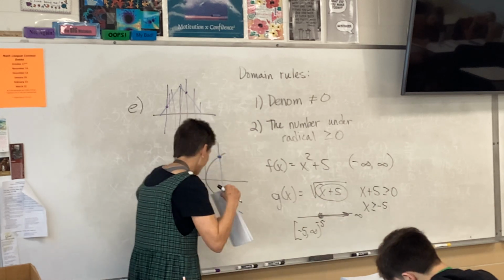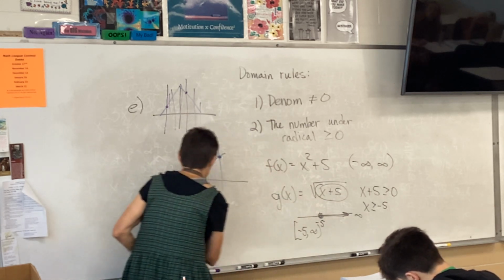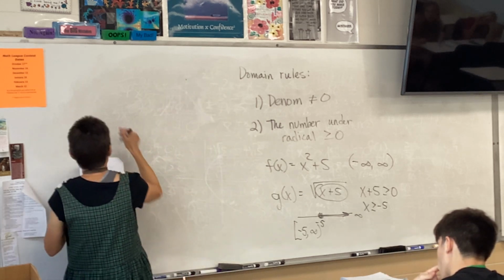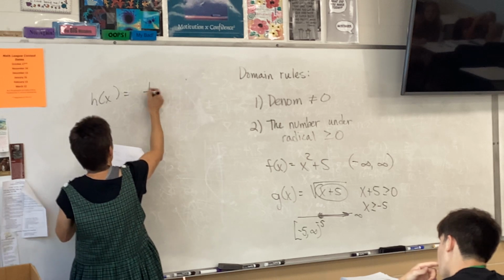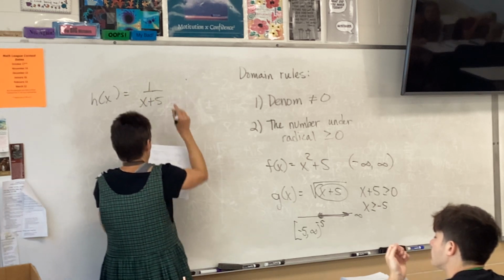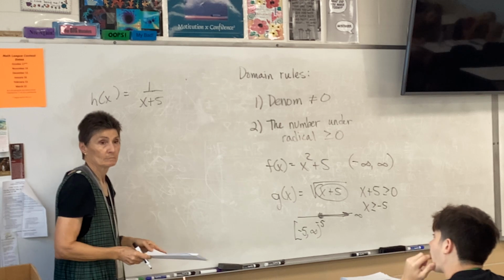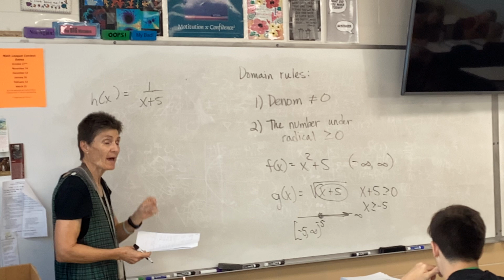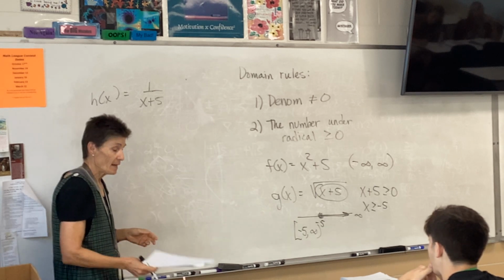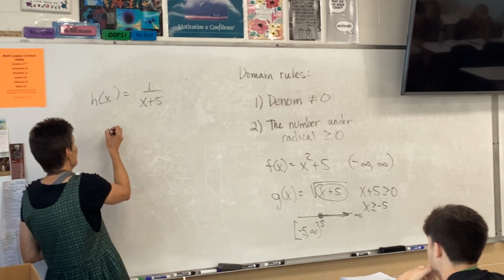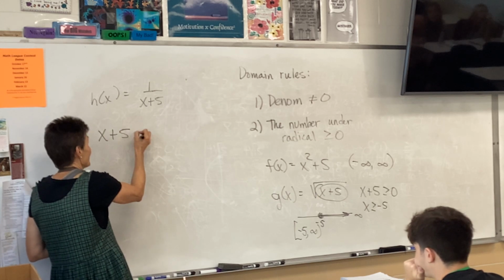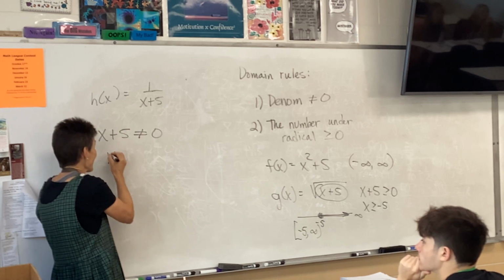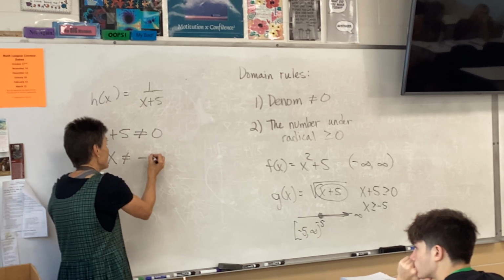All right, let's look at C. What's happening in C? Do we have a radical? Good, we don't have to worry about that. Do we have a fraction? Yep. And what's the fraction rule say? The denominator cannot be 0, which means x cannot be -5.